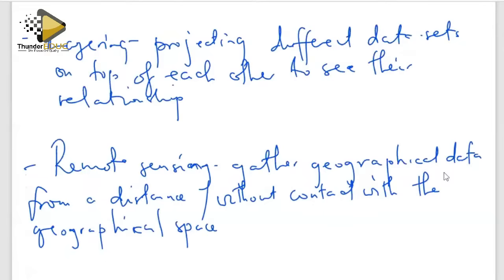We want to find information about a different geographical space, but we are not there physically. We can get that information from a distance through remote sensing means.